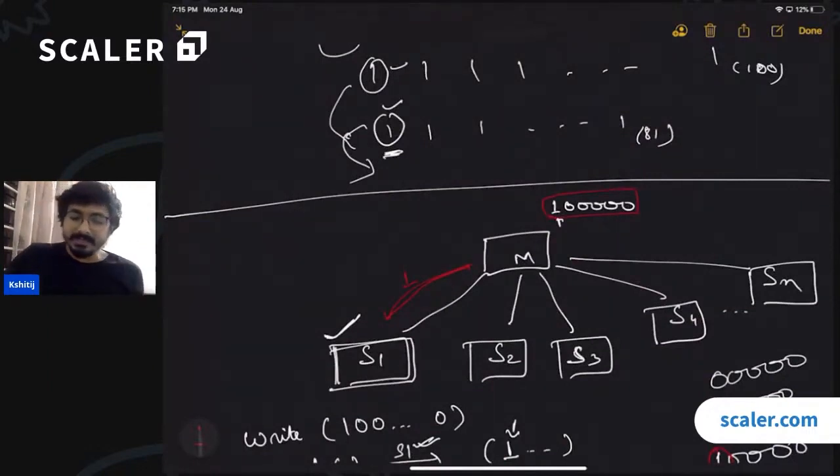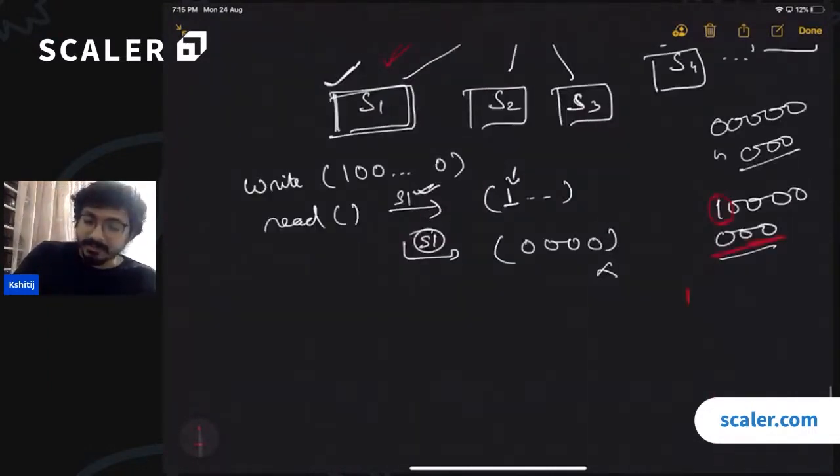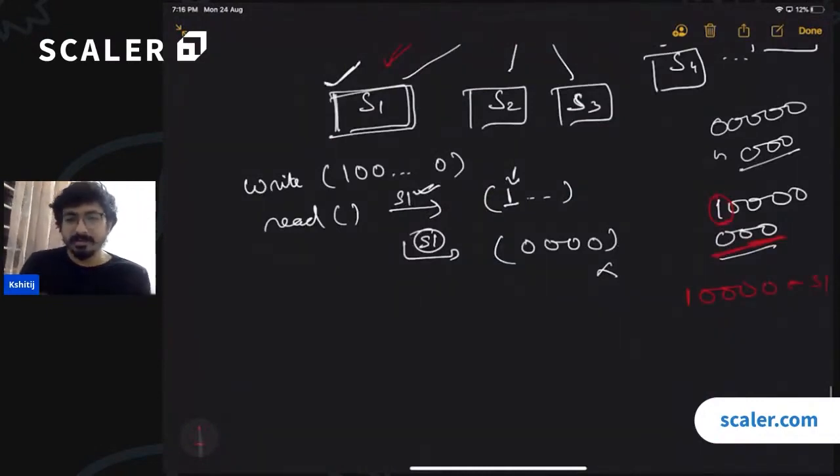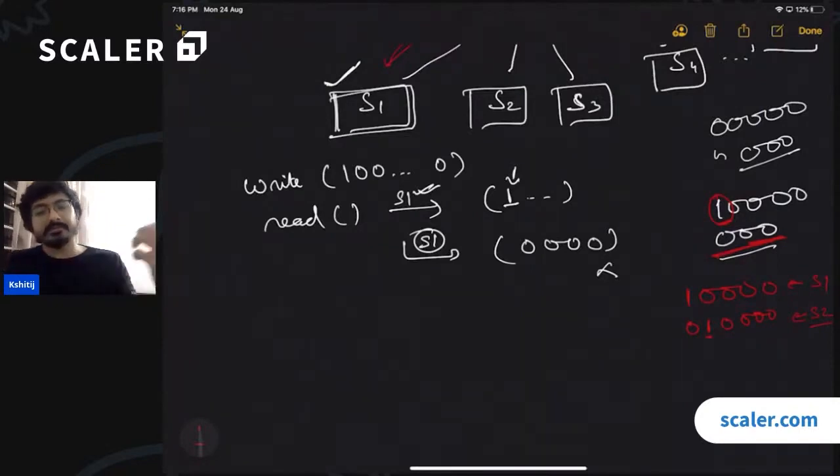Okay. Similarly, if you send another string of the same kind, so this is just to check whether S1 is faulty or not. Similarly, to check S2, you can set the second bit and keep all the remaining bits as unset. And then this will check whether S2 is faulty or not. Because in the return, in the output that you are getting, if there is no bit which is set, then you are sure that S1 is faulty because the only set bit was sent to S2.